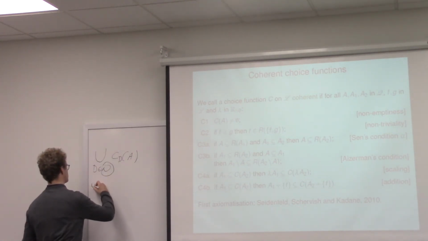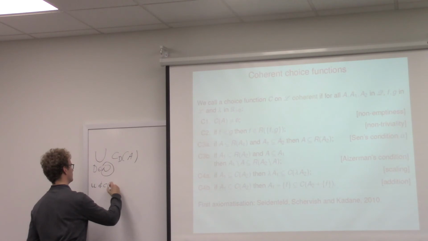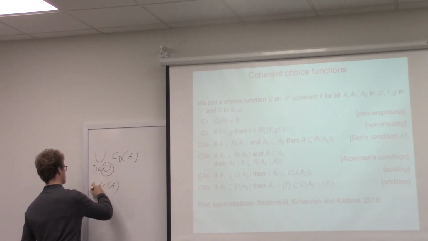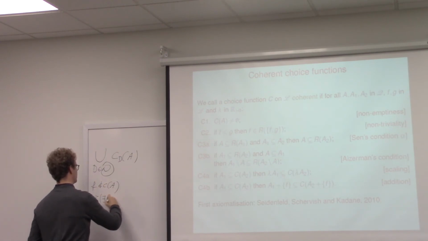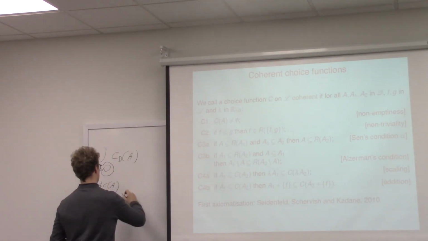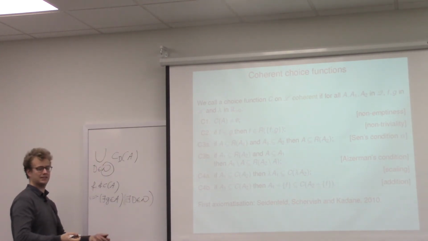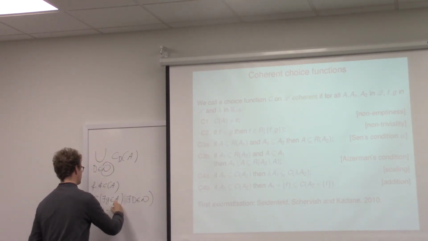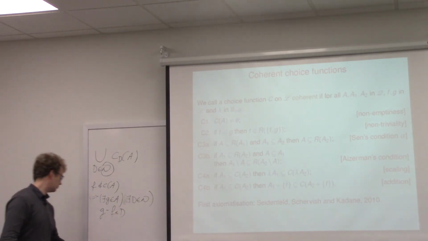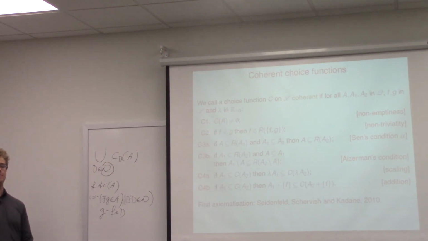An option F is not chosen from a menu A if and only if there's a gamble G in A, and there's a representing set of desirable gambles D such that G minus F is in D. So an option is not chosen if there's, in the option set, at least one better according to at least one model.